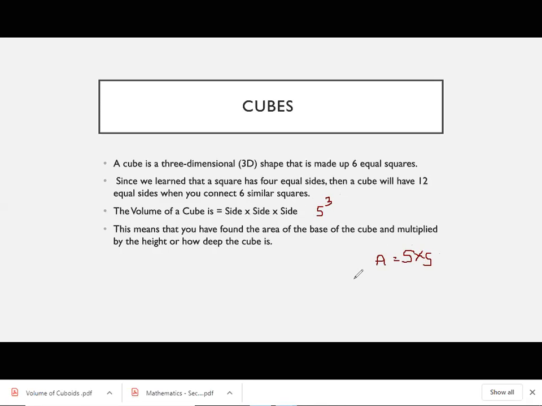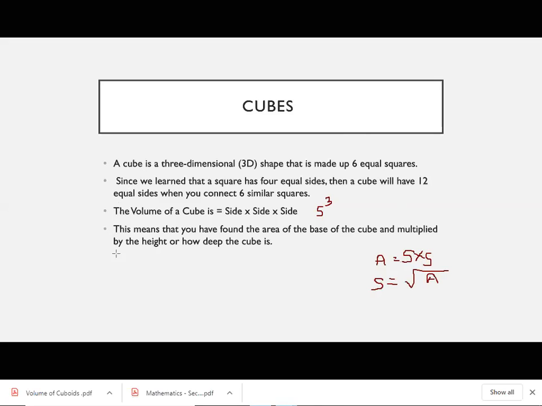You also learned if you wanted to find side, but you do not know anything about the area, you do what is called square root of area. So just a quick refresher, because you just did this earlier this week.